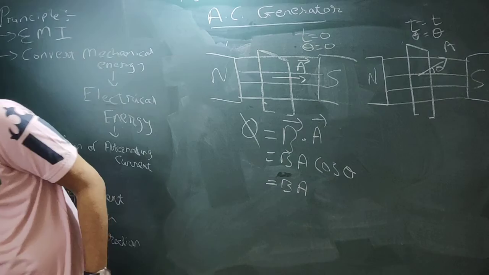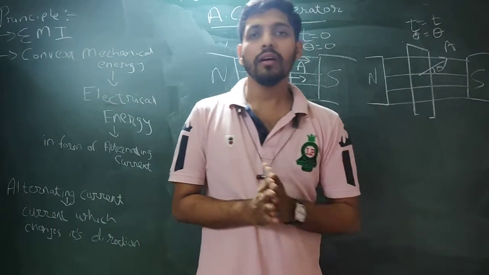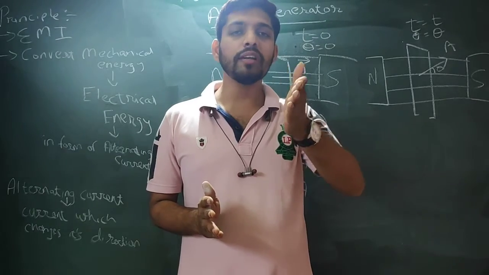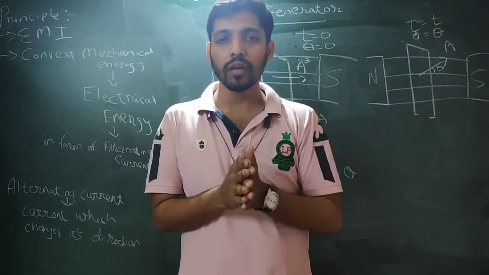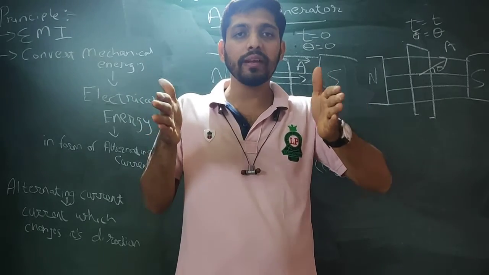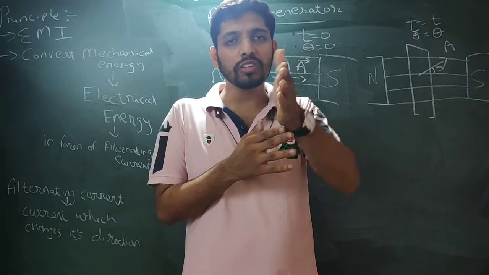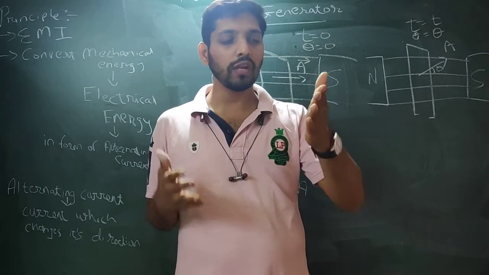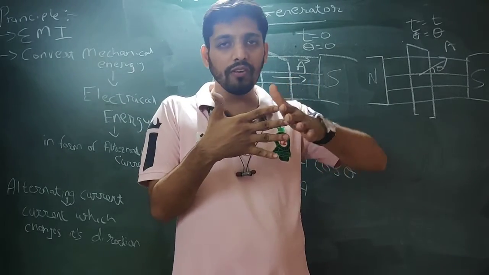Now suppose I take some time t. At some time t, this coil is rotated by some angle. Initially, the condition was two magnets and the coil. Now I am giving some rotation to this coil. Due to this, the magnetic field lines going through the coil will decrease.